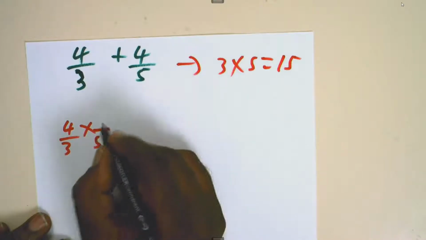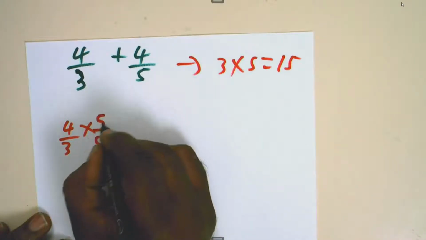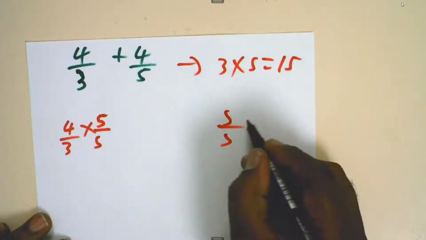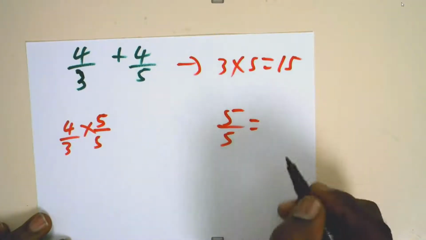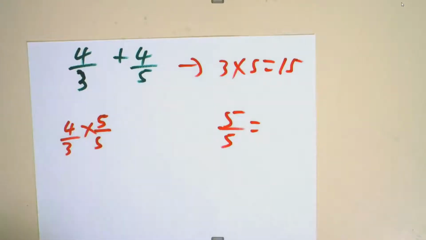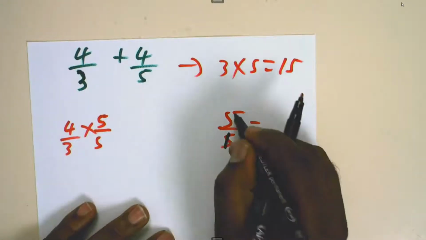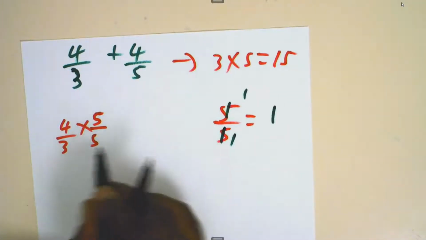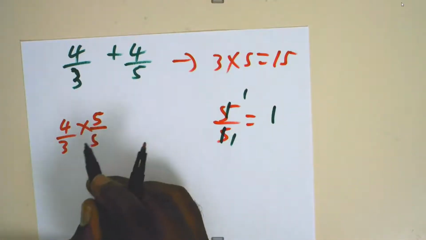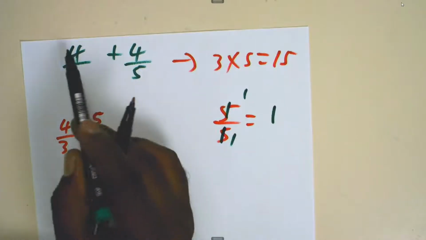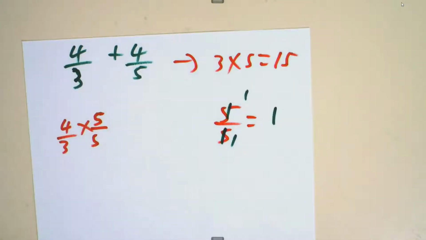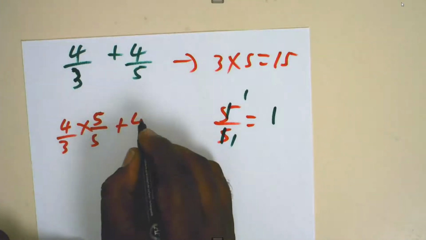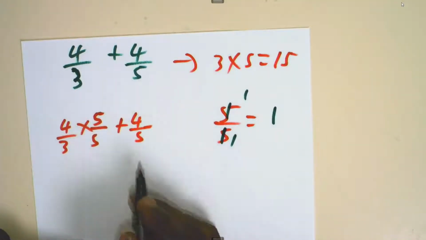Not 15. But now, because you have included a 5 that was not there, it should be 5 over 5, which basically means 1. How many 5s in 5? 1. 5 over 5 means 1. It means then the 4/3 did not change at all. Same approach this side. 4/5, we want to make it 15.